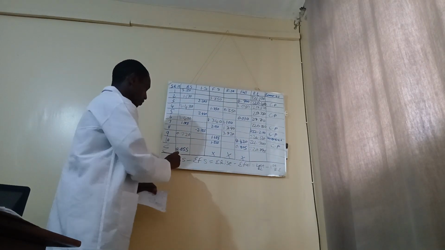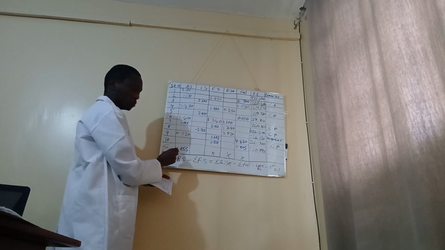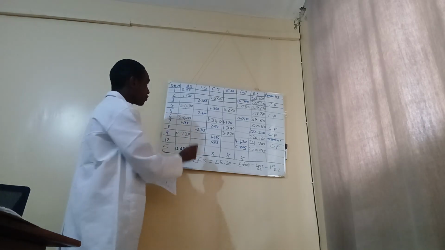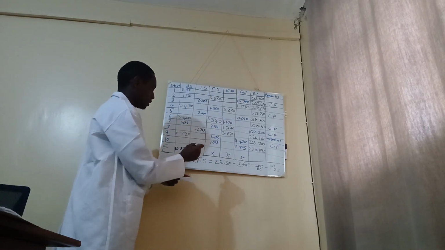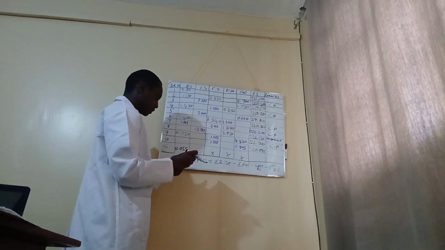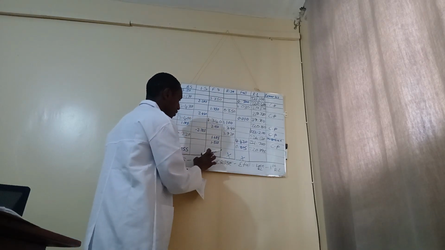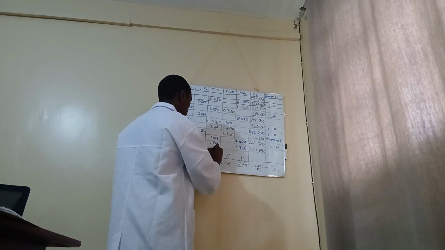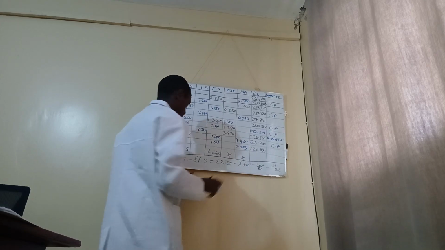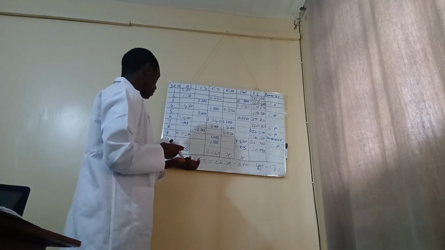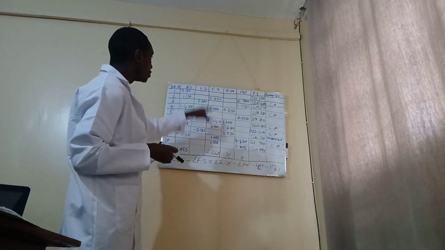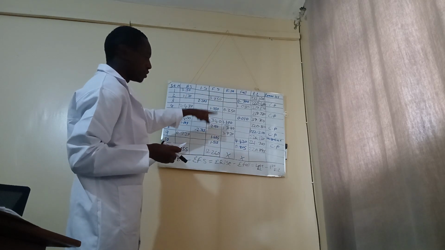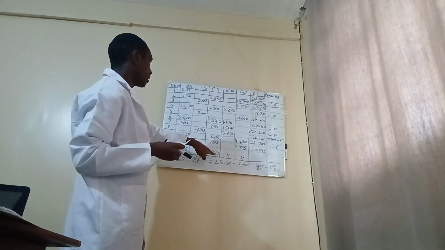Then you take the sum of the backside, which you are given initially. Then we look for the sum of the foresides here. The sum of the foresides is 12.260. The way you get this is you just add all these foresides, and you get your summation.